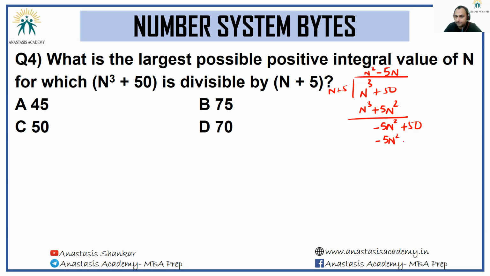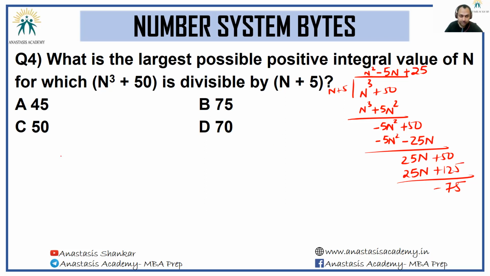square minus 25n. When it comes down, it will become minus 25n plus 50. So I need plus 25 now. So this gives me 25n plus 125. Finally, I'm left with minus 75.